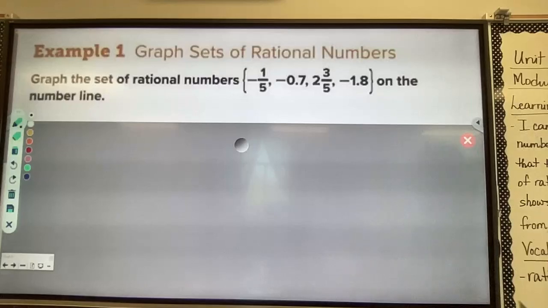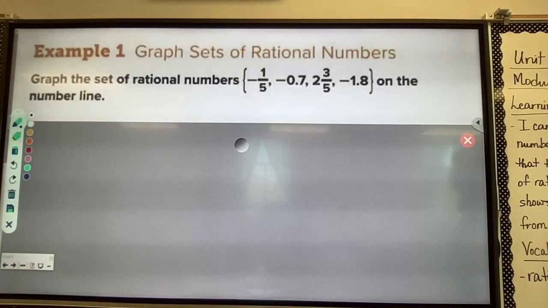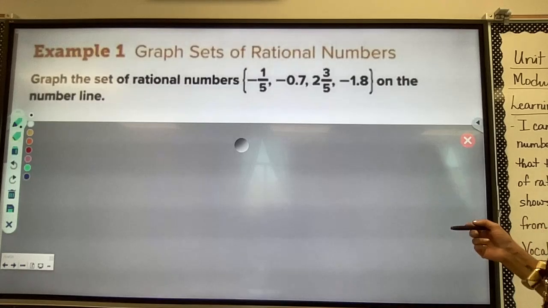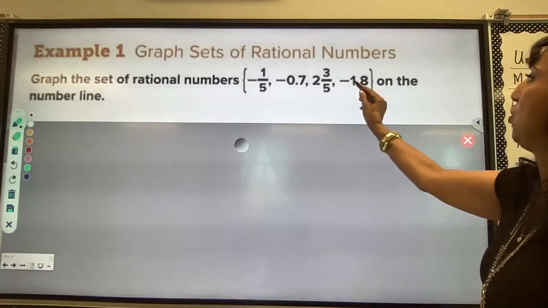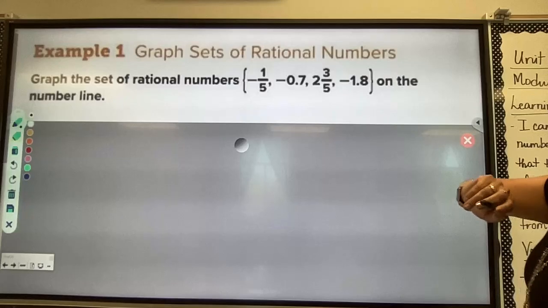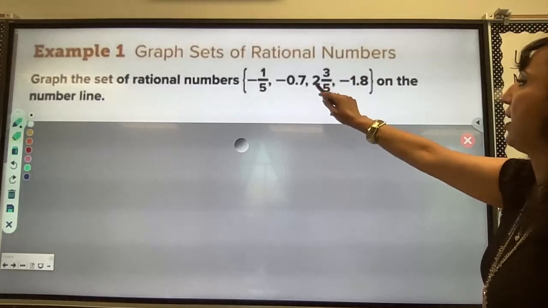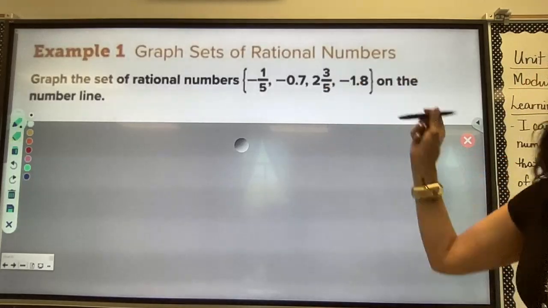All right. So first what I'm going to do is find the integer boundaries of the set. Okay. And so the values in the set are lying between, so what is the integer to the left of this? It's going to be -2, right? And to the right of this mixed number is going to be 3.